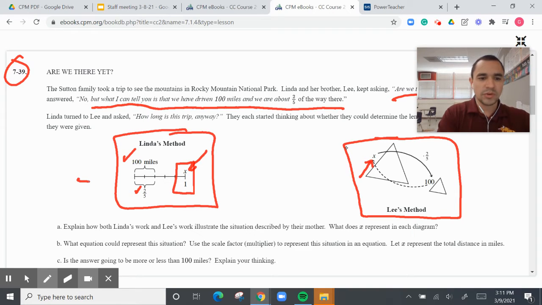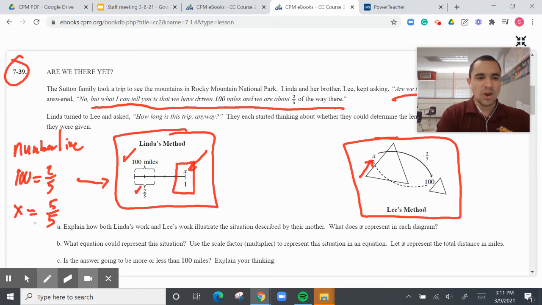Well, here we have more of a number line technique. All right, so we have a number line, and each line is 2/5. So we have 100 is 2/5. So that means x has to equal 5/5 in a way, or 1. That's why the 1 is there.